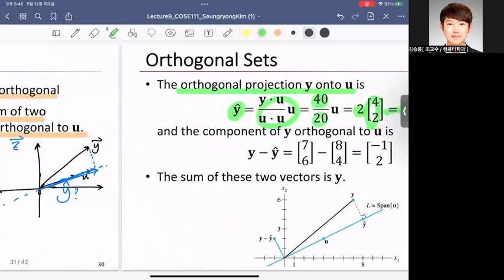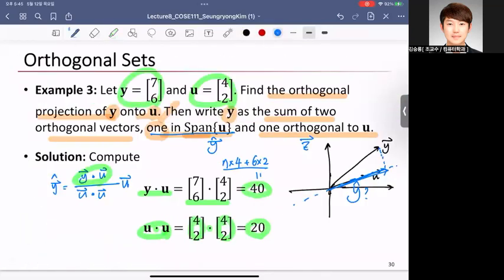So maybe this vector is 8, 4. Then what was orthogonal to u? This one, z, right? It should be y minus y hat.